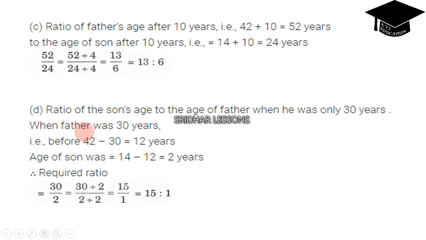When the father's age was 30 years, that means before 42 minus 30, it is 12 years. Actual age of son was 14. So you have to subtract 14 minus 12 before the age, 2 years. So the required ratio is equal to 30 by 2. 2 cancels 30 15 times. It is 15 by 1. This is equal to 15 is to 1.